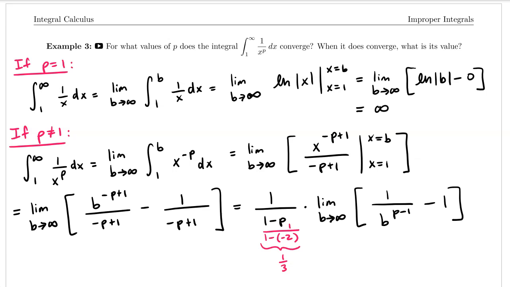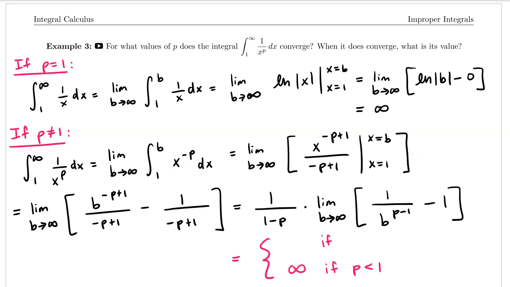And then if p was negative 2 here, then this would change into 1 over b to the negative 3 power, which would change into b cubed minus 1, and then that would just go off to infinity. So it turns out that this limit is equal to infinity if p is less than 1.